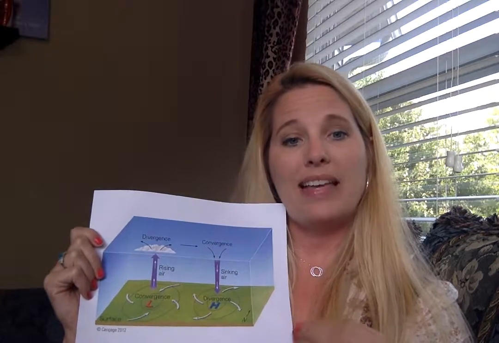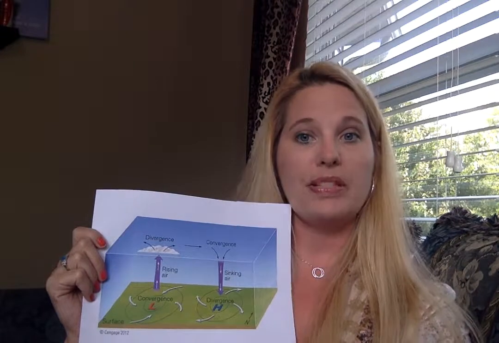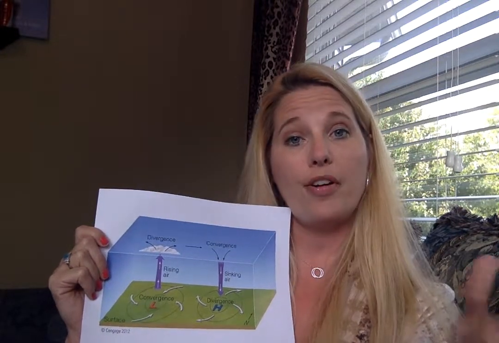Now again, remember we need that rising air to make clouds. And then as a result, we'll end up with precipitation. That's why stormy weather and precipitation is more associated with low pressure areas. So air comes in and it has to go somewhere, so it goes up.